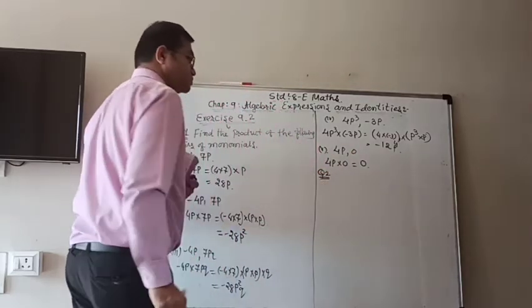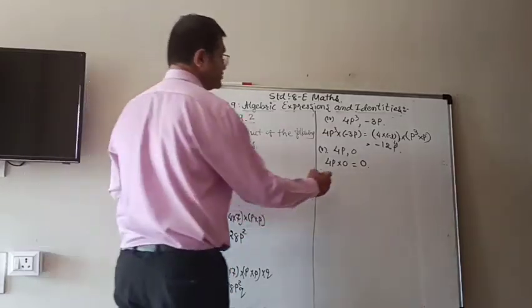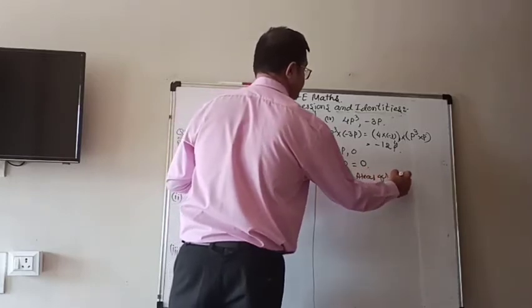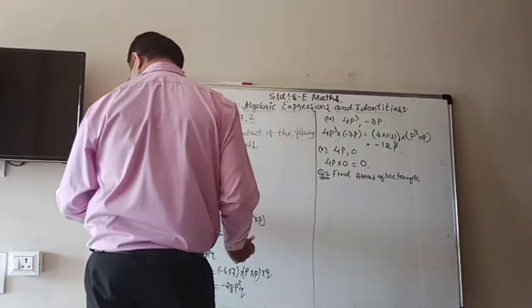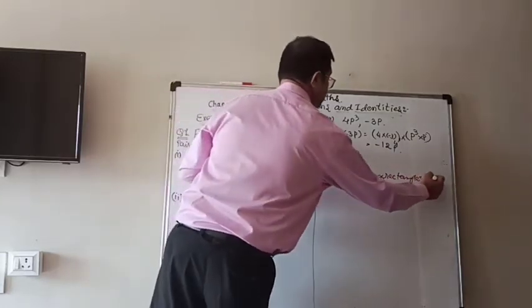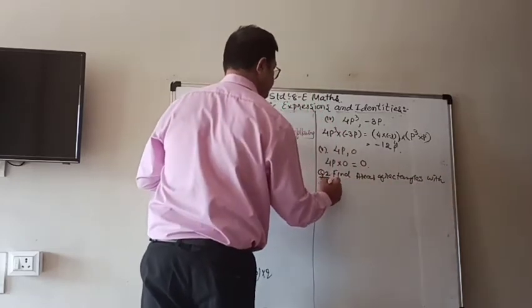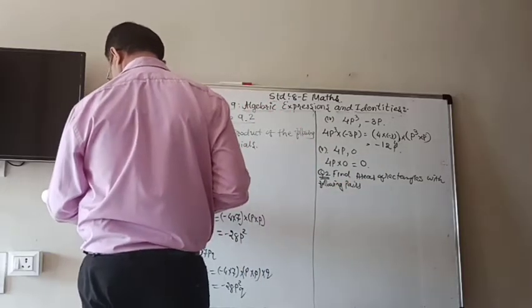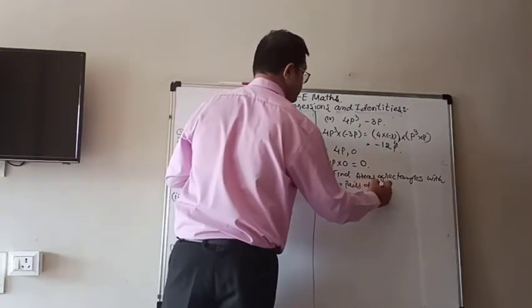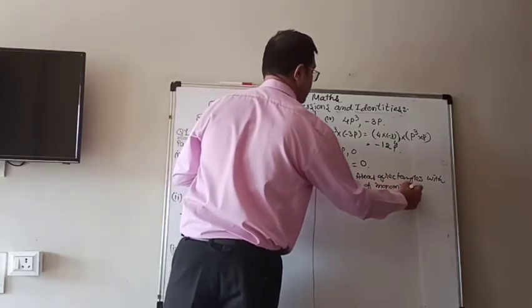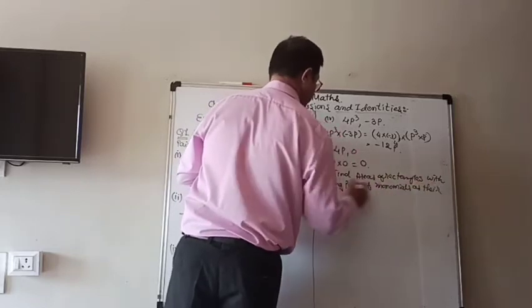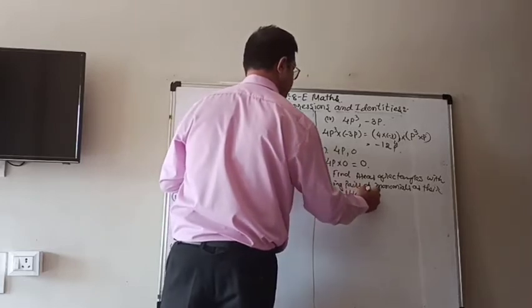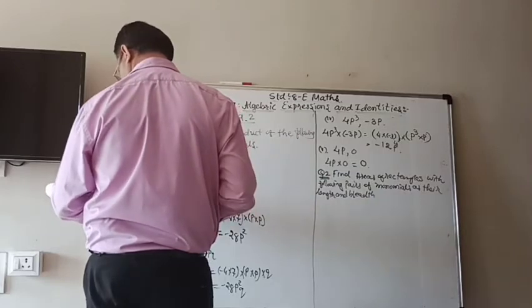Question 2. Here, find the areas of rectangles with the following pairs of monomials as their length and breadth respectively.